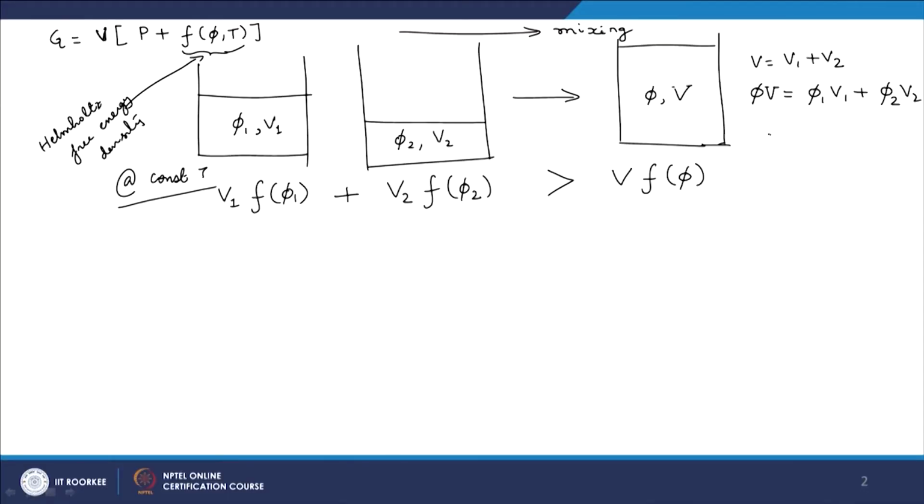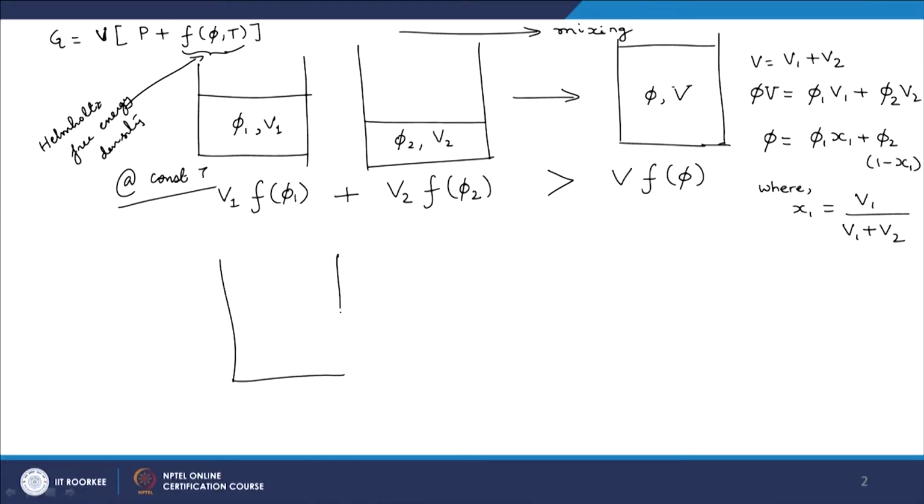If you solve, what we can get is the phi is, where I can define x1 as the ratio of the volumes, V1 by V1 plus V2.